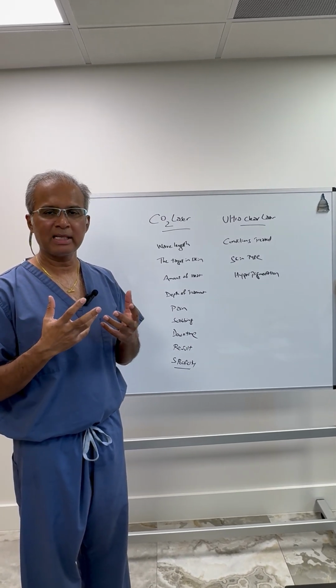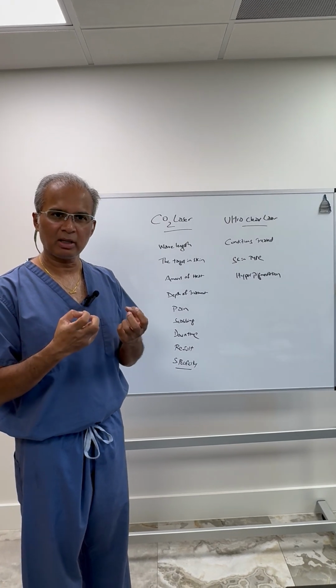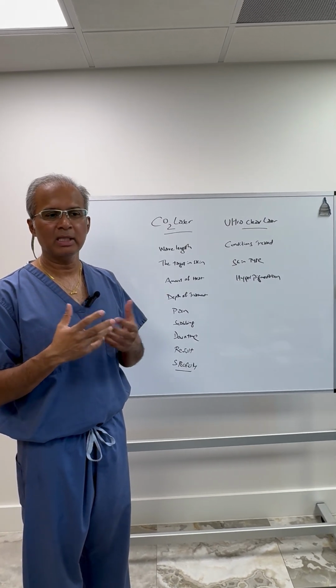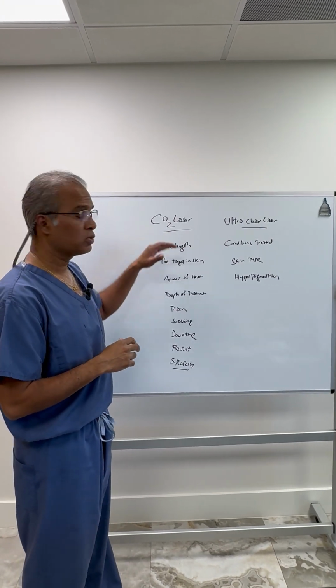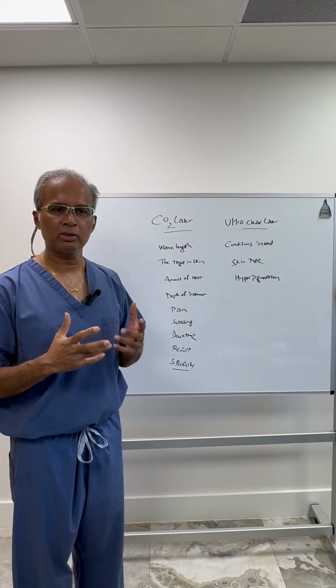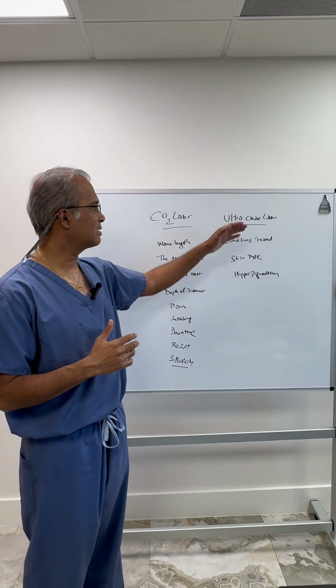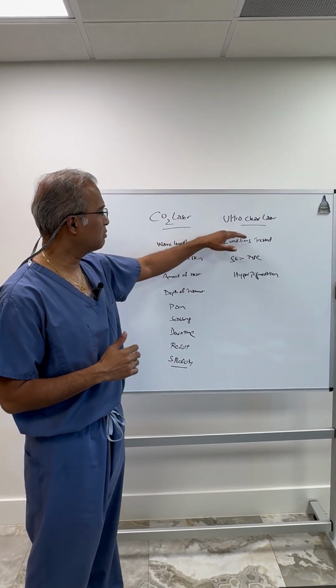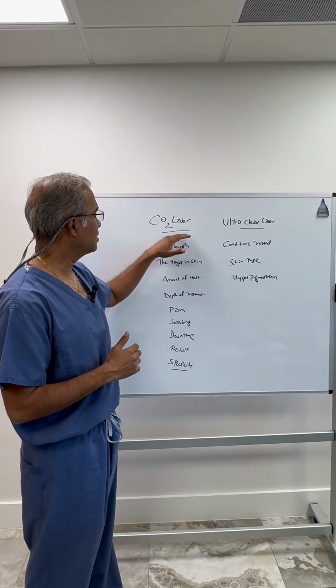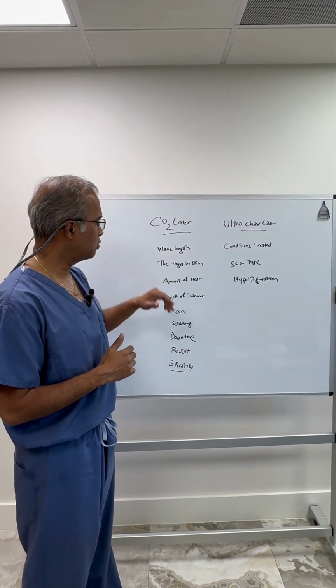And therefore, it has the ability to very specifically target it and essentially vaporize it and create the changes that it wants to create. CO2 laser, on the other hand, is also attracted to water, but not as specifically as the UltraClear laser. So specificity of the type of skin target is much more so with UltraClear than the CO2, and it has an impact, which I'll go through and why that is.